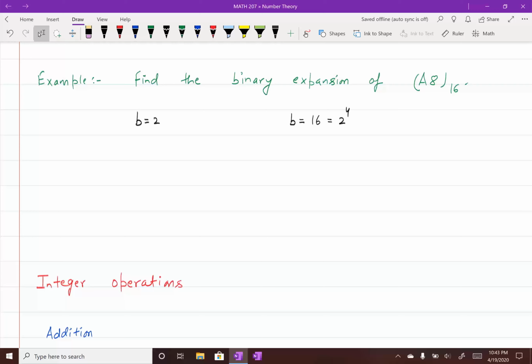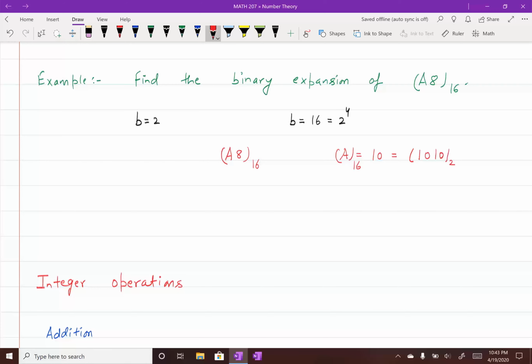With respect to this given problem of A8 with the base 16, the leftmost digit is A here, which is equivalent to 10, and 10 you can represent in a binary expansion as 1010 with the base 2.